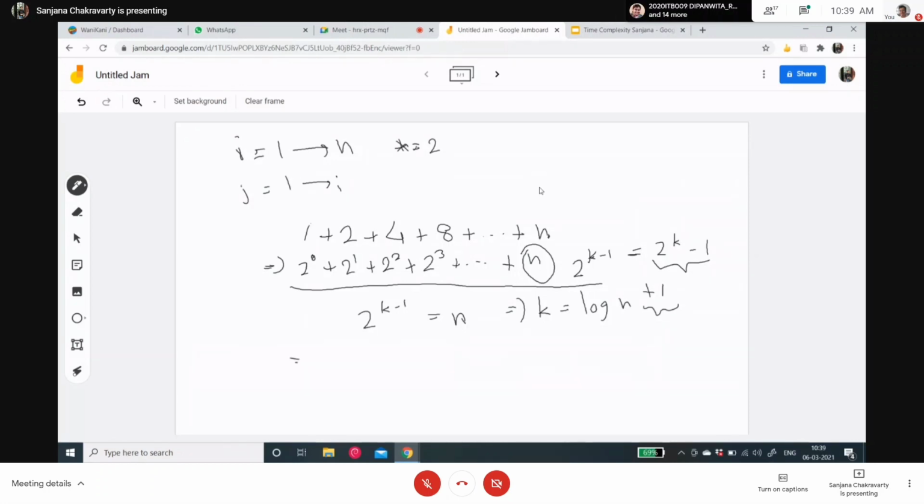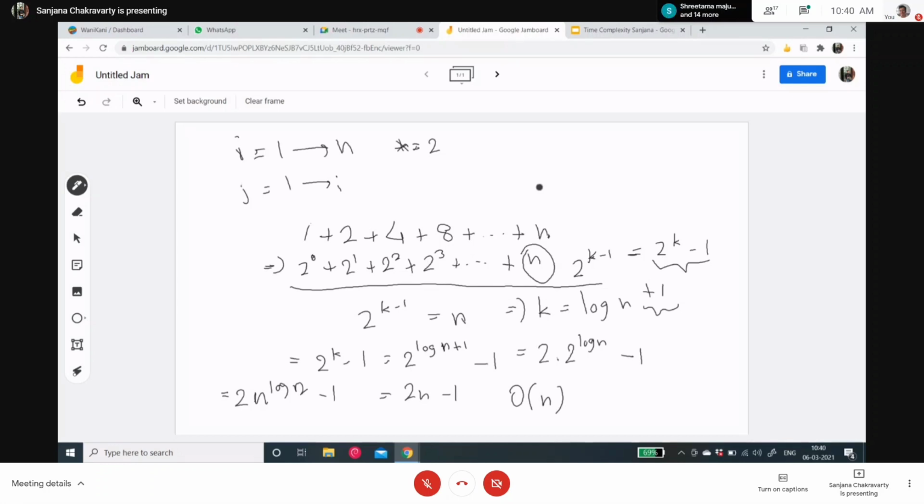So we can rewrite 2 to the power k minus 1 as 2 to the power log n plus 1 minus 1, which we can write as 2 into 2 to the power log of n minus 1. If you know your logarithmic properties, this would be 2 n to the power log 2 to the base 2 minus 1, which is 2n minus 1, that is order of n, linear time.